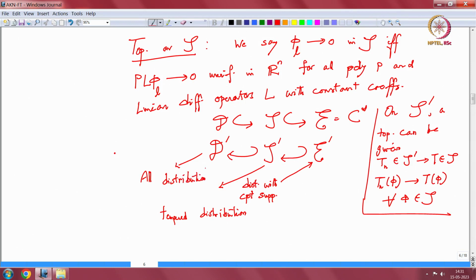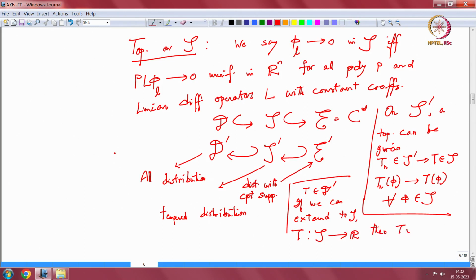That means when a distribution T in D prime, if we can extend T to zeta, that means a continuous extension, then T is a tempered distribution.